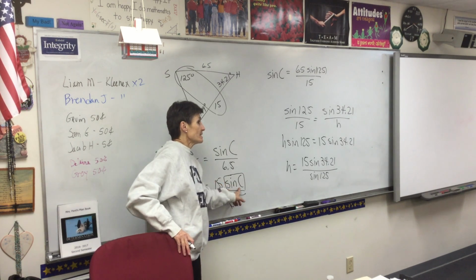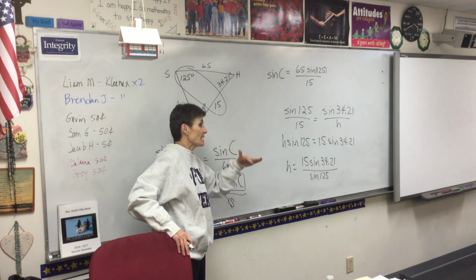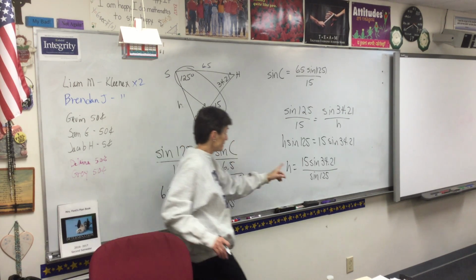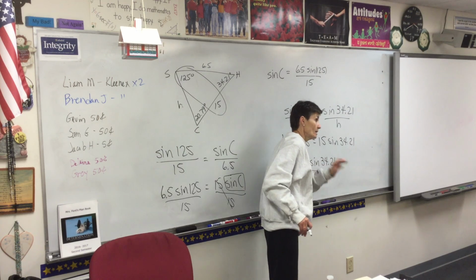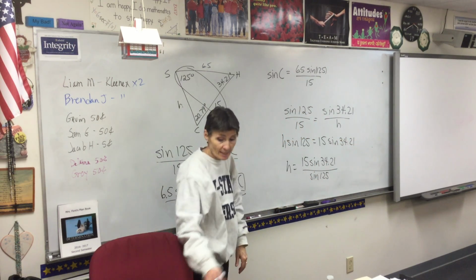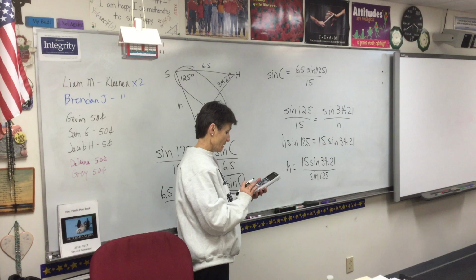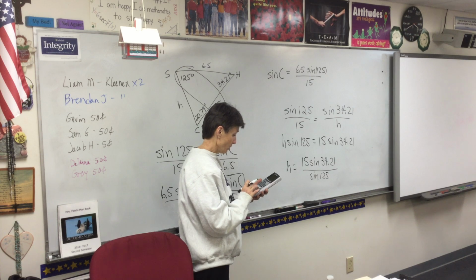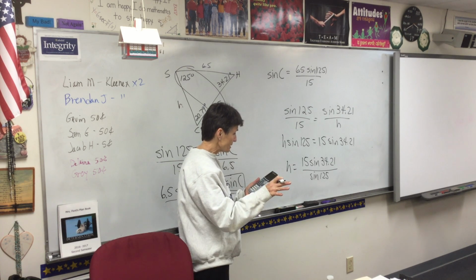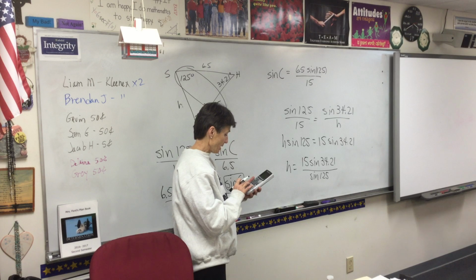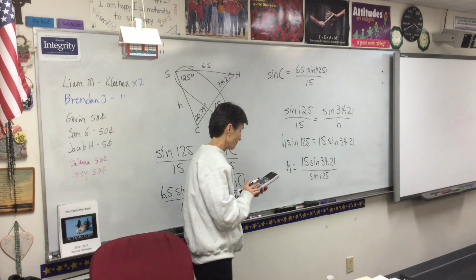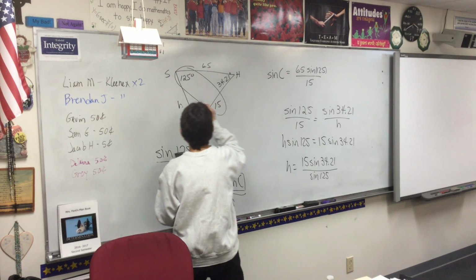When it's sine C or sine H or whatever. If it's sine angle, which it is, I'm good. I just type in sine angle. So 15 sine 34.21, close parentheses, divided by sine 125. I got 10.30.